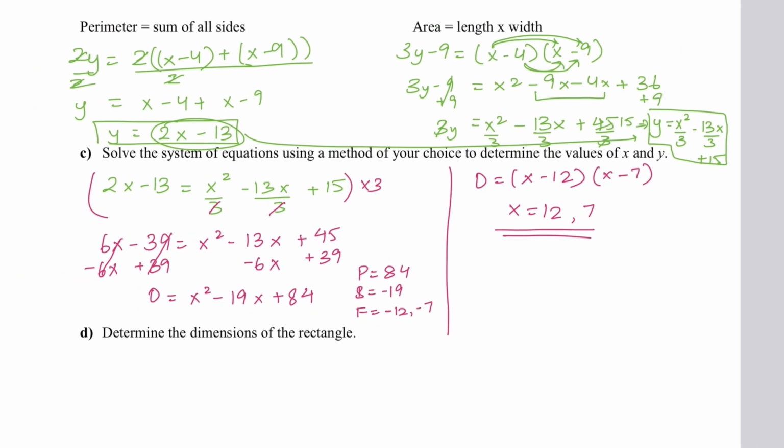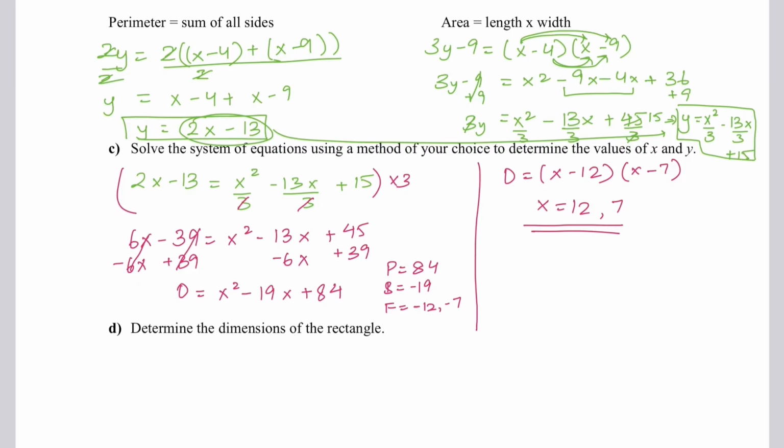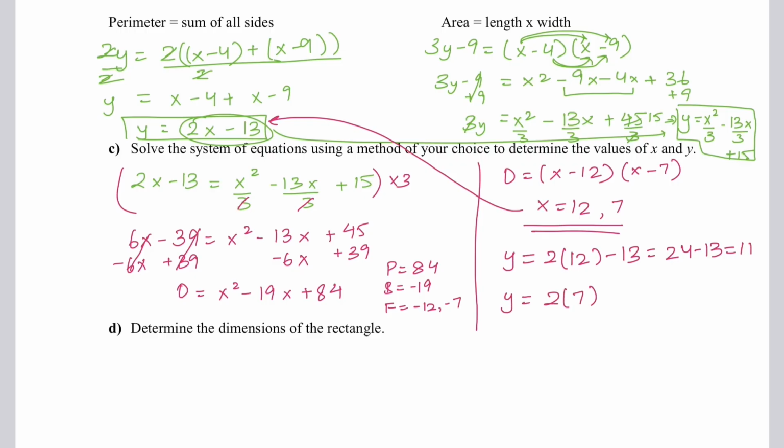You gotta find the y again. So to figure out my y, I can just put it in this equation because it doesn't have fractions. y is equal to 2 times 12 minus 13, which is 24 minus 13, and that's 11. And then 14 minus 13 is 1. So it'll be 12, 11, and 7, 1.